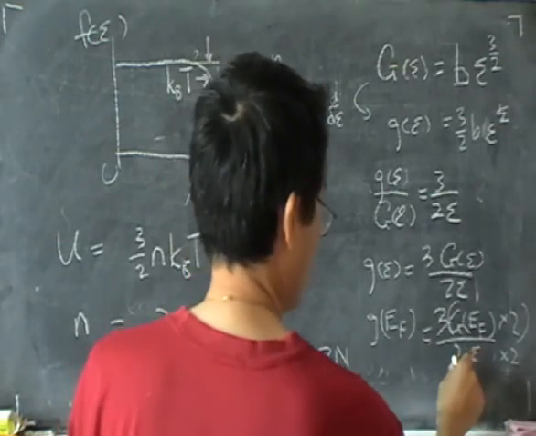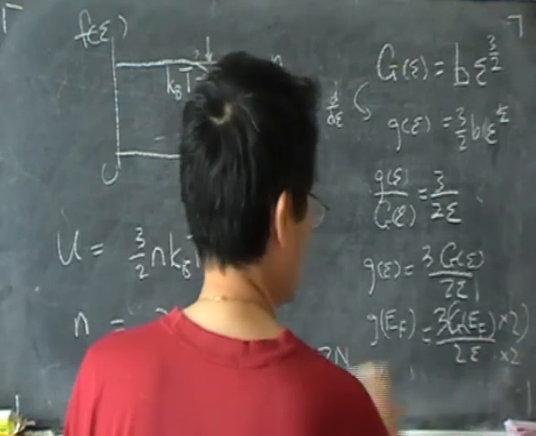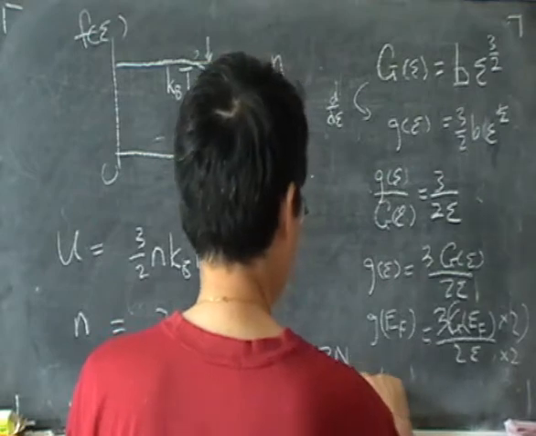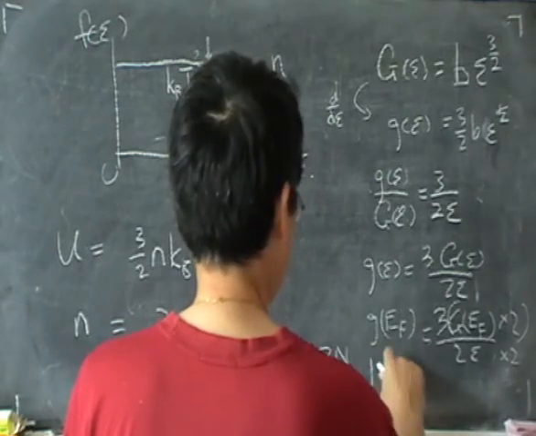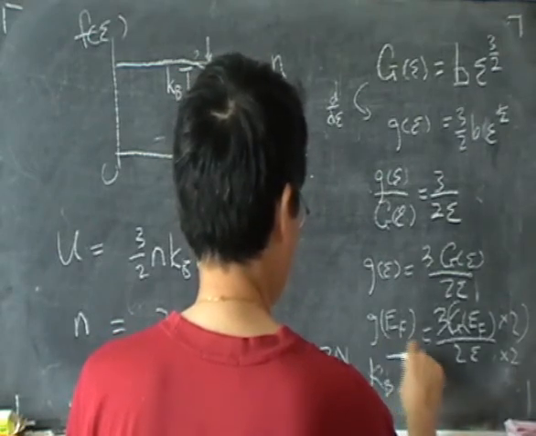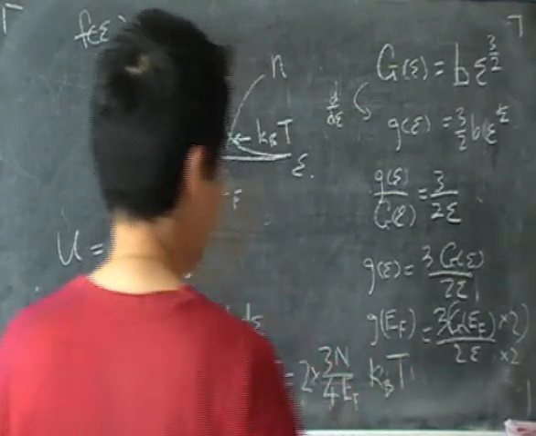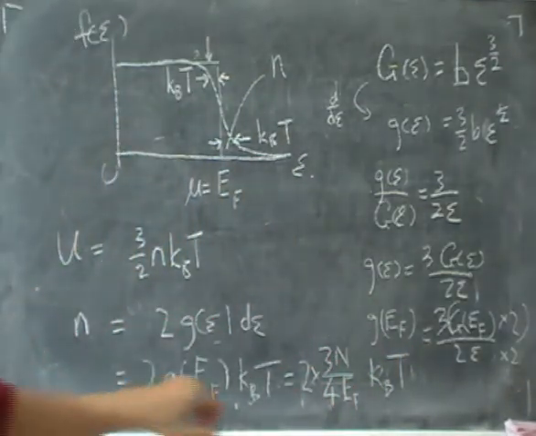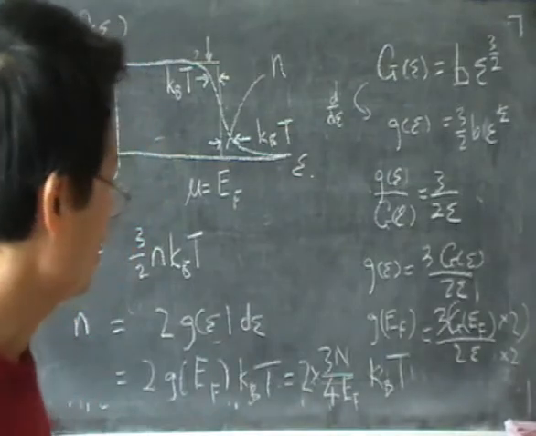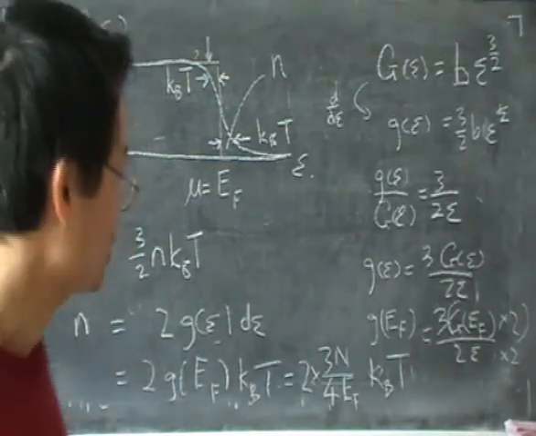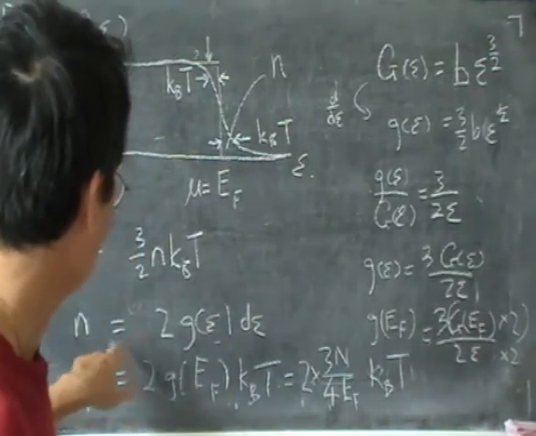In the bottom I have 4. The E dash should be EF. Then I have a KBT, so times that. So now I have a fairly not too complicated expression for the little n here.